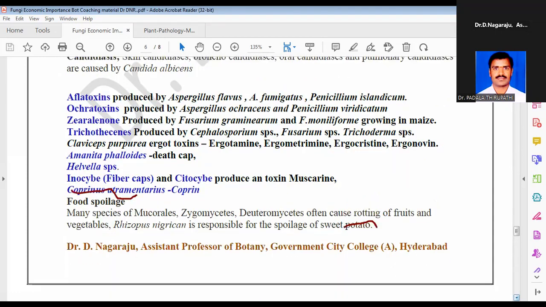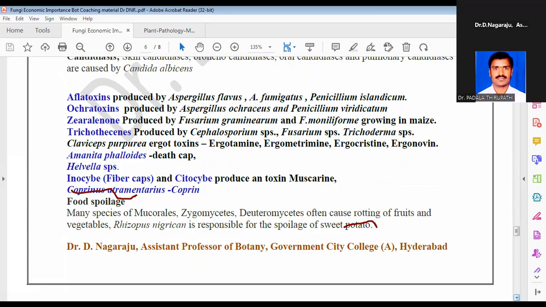And there are many saprophytic fungi which cause spoilage of food. If you leave bread, spoiled vegetables or fruit in an open place, the very next day it is occupied with white molds, especially Zygomycetes fungi, Mucor, Rhizopus.